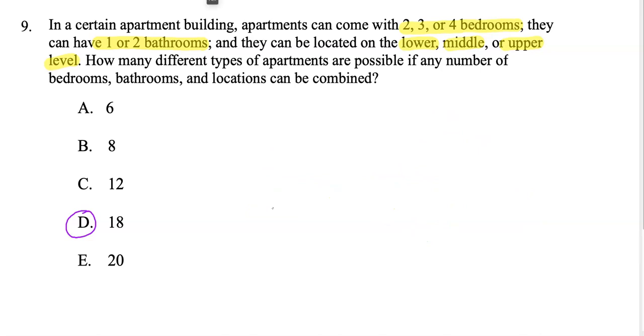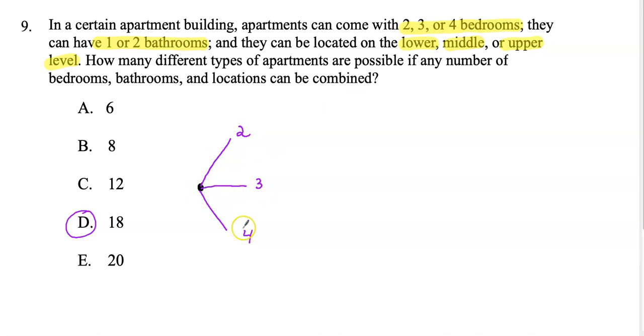So let me explain why. Let's make what's called a tree diagram, and I'll just make a little dot here. And let's start with the bedrooms. If I branch it off, I can have a 2-bedroom, a 3-bedroom apartment, or a 4-bedroom apartment, right? 2, 3, or 4.